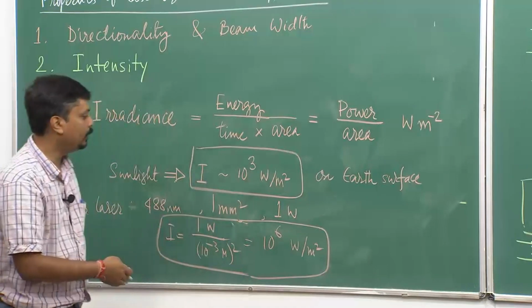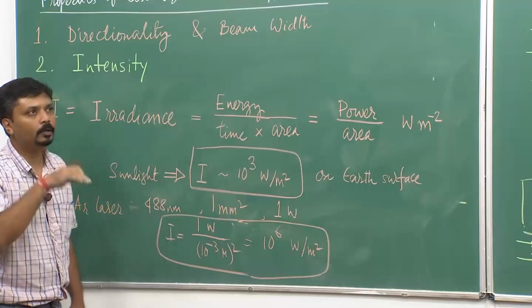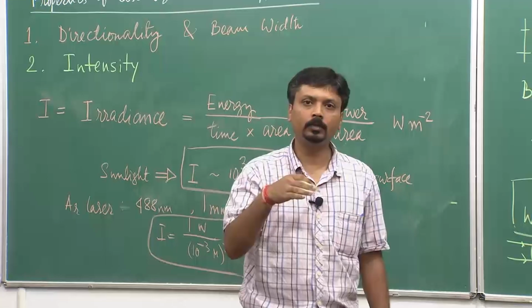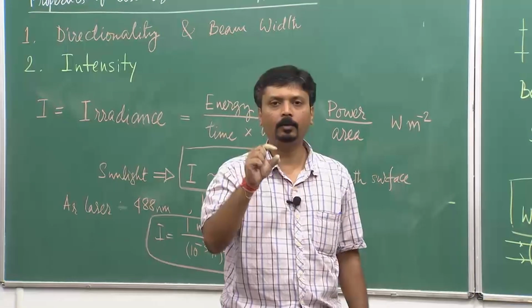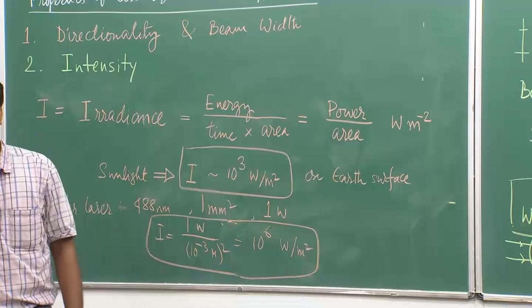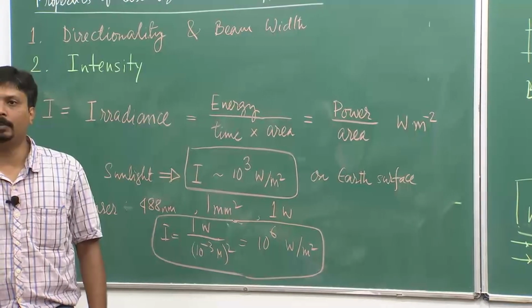If you talk in terms of the diffraction limit, the beam cannot be focused down to a spot. So, there is a limit. Typically the diameter of the beam is approximately lambda by 2, lambda being the wavelength of light.